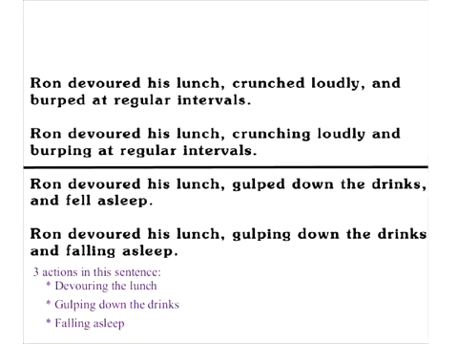Yeah, they're independent. The first two may not be totally sequential because you can gulp down drinks intermittently with devouring lunch, but they're not related. These are three independent actions that are separate, and none is prioritized over any of the others.